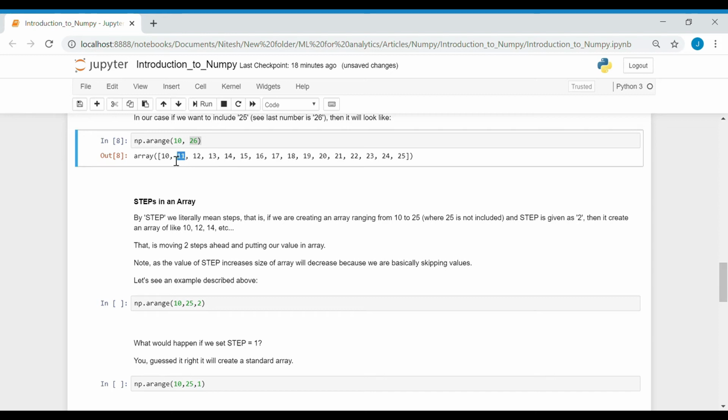Or you can say after 10 I took one step and reached another value. Then again I took one step and reached my next value. If you want such values, it will include two steps. After 10, I skipped one step, second step, 12, 14, two steps. And after 14, if I want to go to 16, step 1, step 2. And 16 to 18, step 1, step 2.